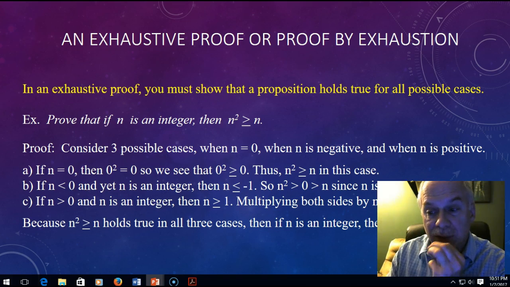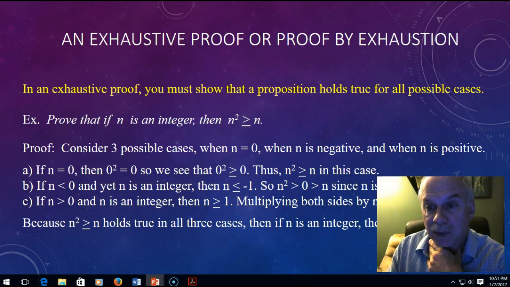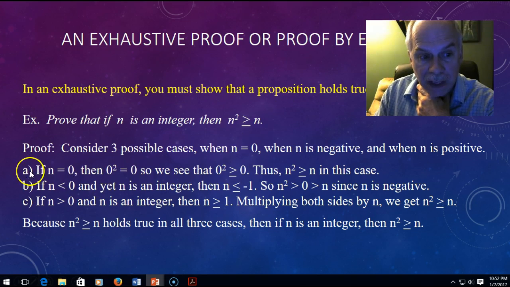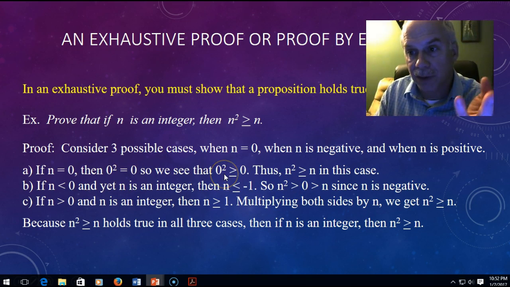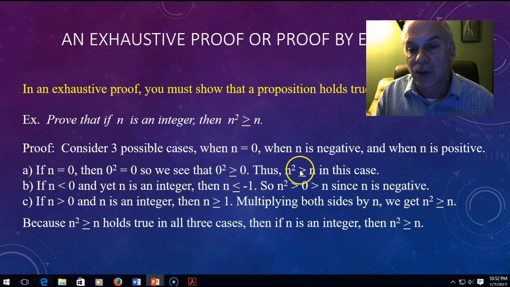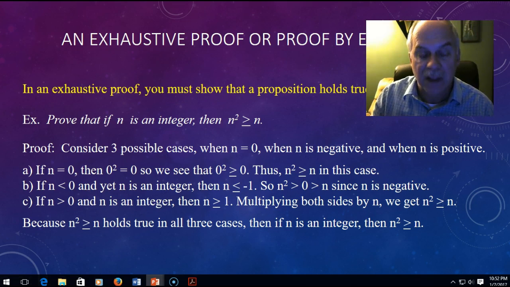Now, there are 3 possible cases, and the proof talks about them. Consider 3 possible cases: when n is 0, when n is negative, and when n is positive. All right? So, A, if n is 0, then 0 squared is equal to 0, so therefore 0 squared is greater than or equal to 0. So n squared is greater than or equal to n in that case.